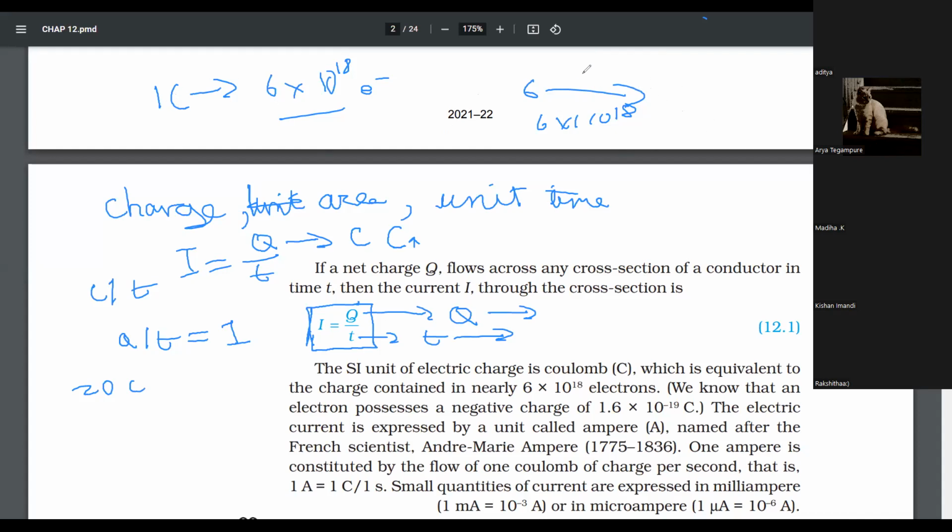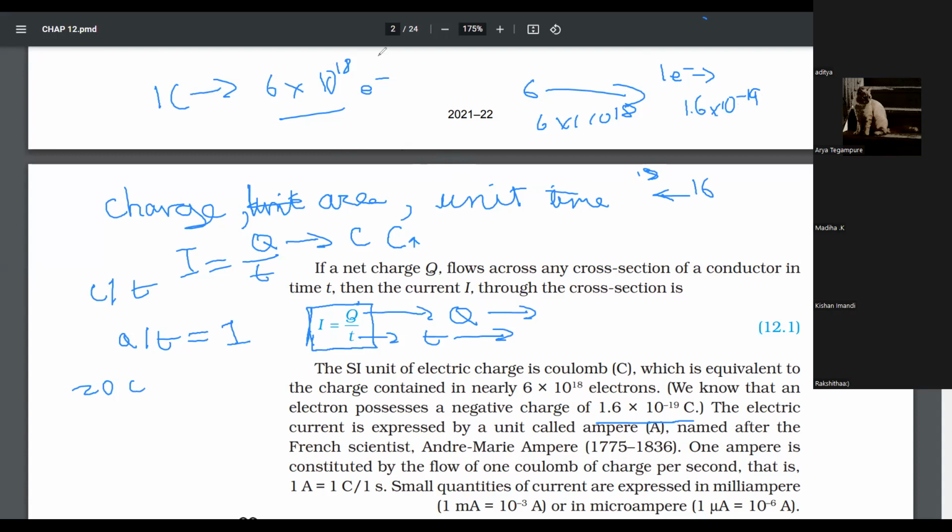So we can see that 1 coulomb, especially on a microscopic level, is very, very large, especially because the charge on 1 electron, as given here, is 1.6 times 10 to the power minus 19 coulomb. What does this mean? This is 16 and then 18 decimal places in this direction. It'll be 0.00000 with 18 places and then 16 coulomb. So we can see that coulomb is a very, very large unit.